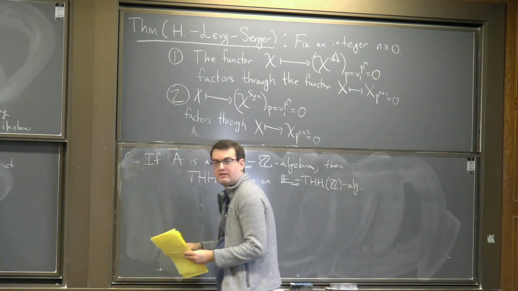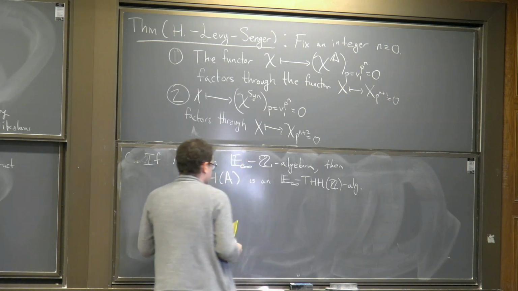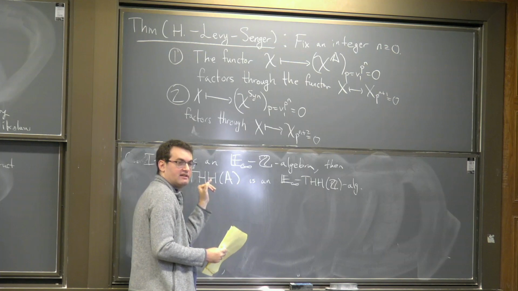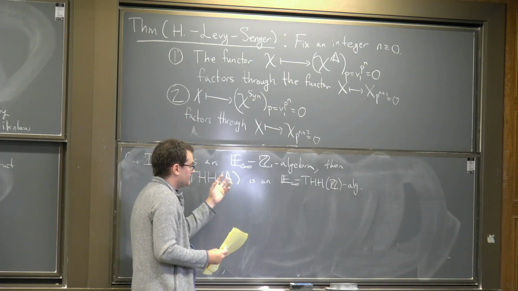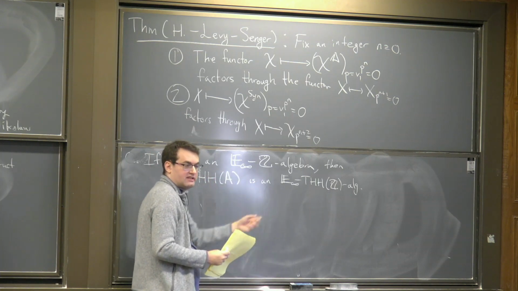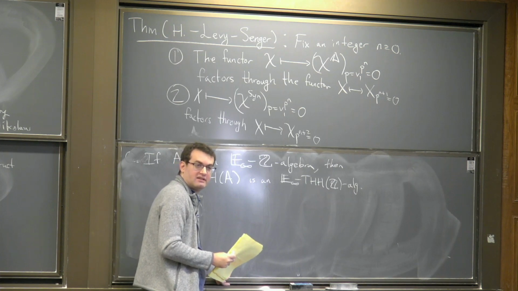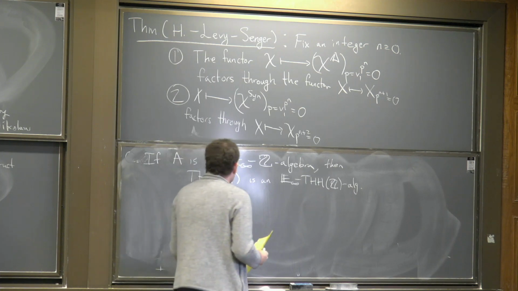And so again, what I was trying to indicate previously is that if A is a discrete p-quasisyntomic ring, then this structure of THH of A as an E_infinity THH(Z)-algebra is sufficient to recover things like the prismatization and the syntomification. But it also knows more.